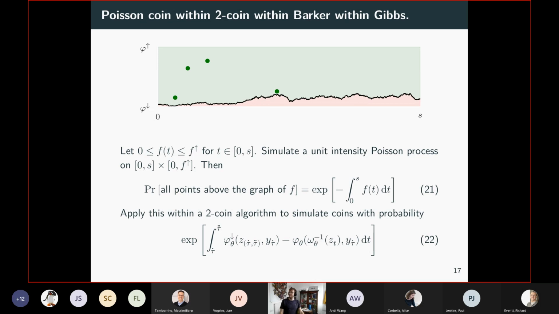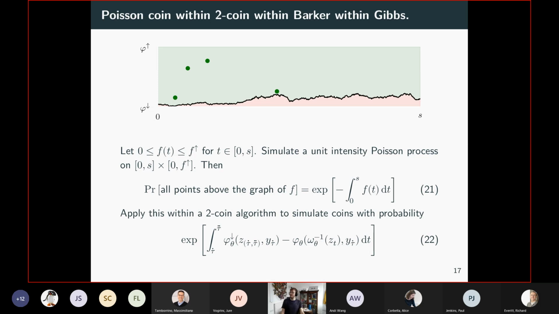And if we simulate a unit intensity Poisson process on the rectangle, which corresponds to the time interval and the line segment between 0 and the upper bound, then the probability that all points in that simulated Poisson process are above the graph of f is the exponential of the negative path integral. And this is called the Poisson coin algorithm, and it's applied, for example, in the exact algorithms for diffusion simulation.